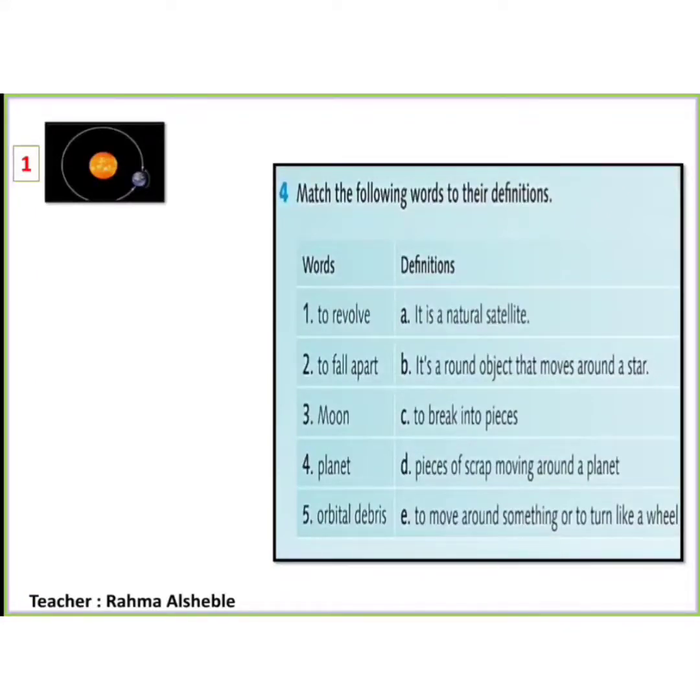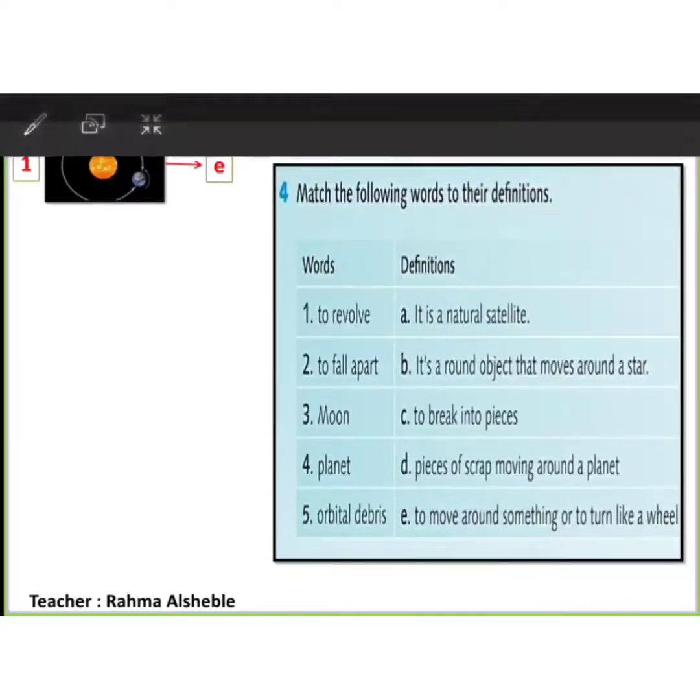Revolve in Arabic means to rotate. In English, match it with E. Revolve means to move around something or turn like a wheel. So revolve, number 1, with E.